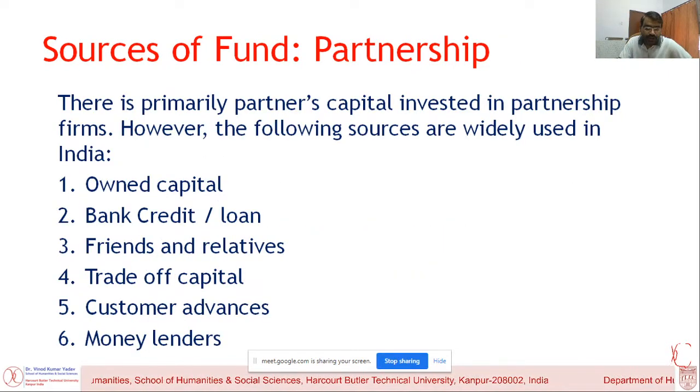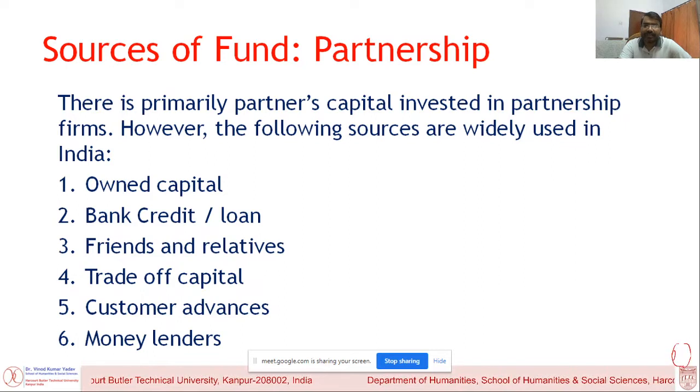So what are the different sources of funds for a partnership? As discussed in sole proprietorship, we have discussed all of these. But in the case of partnership, the partners' capital is increased, the partners' credibility is increased.